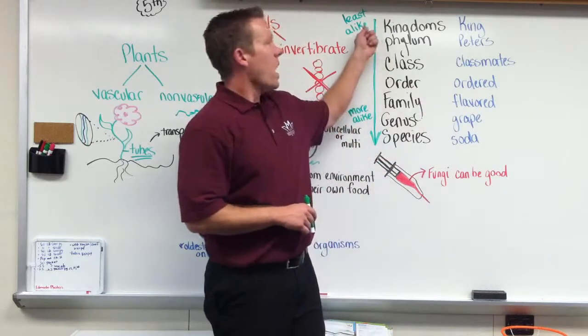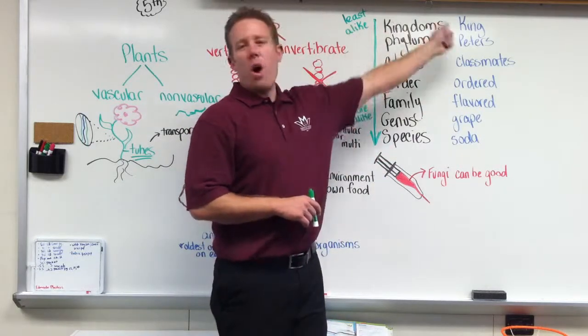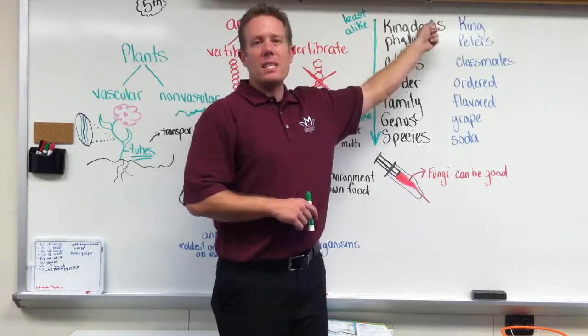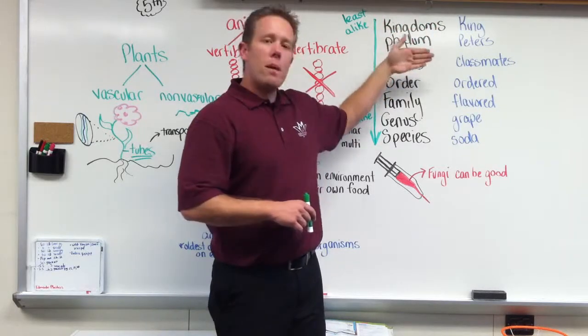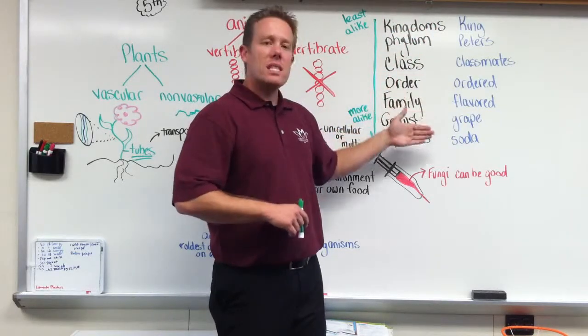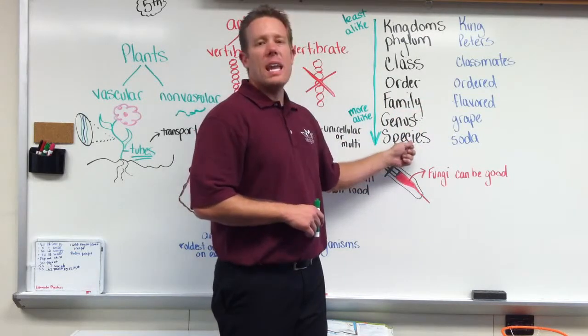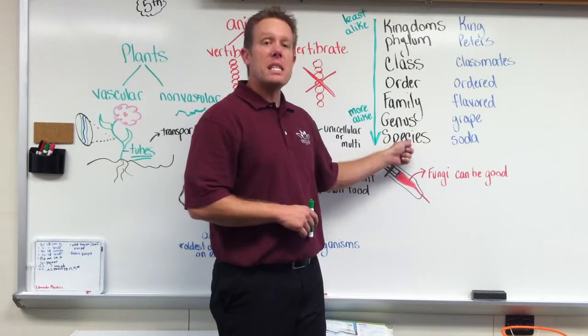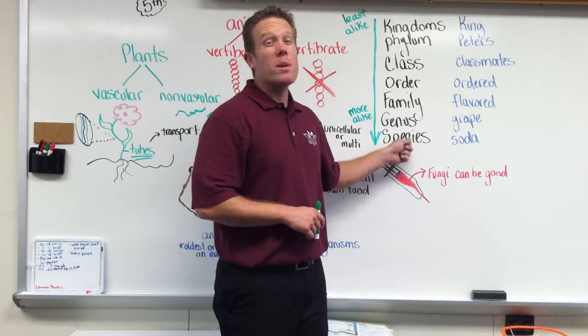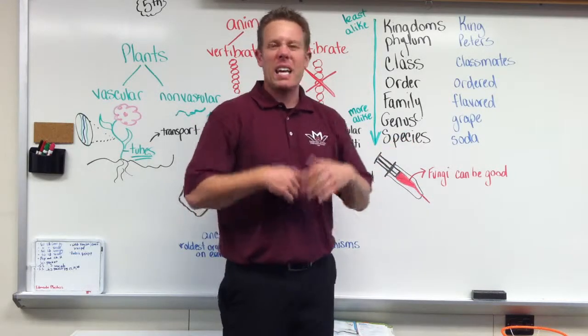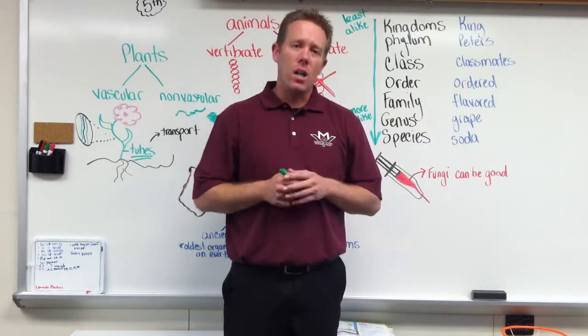So once again, up here, all animals pretty much fit into this kingdom. As you get more and more further down into these categories, they start to look more and more alike, and every animal in the species category is going to look pretty much exactly alike, except for maybe color and that sort of thing.